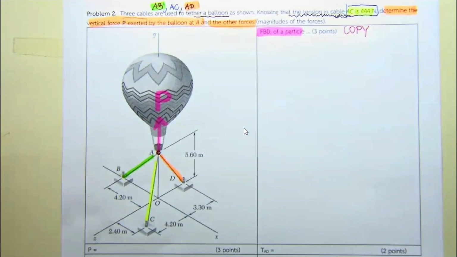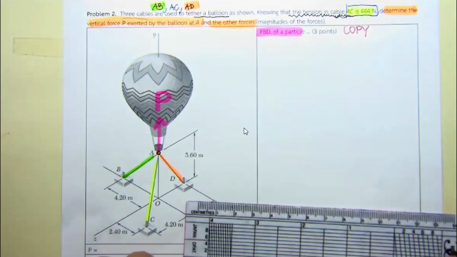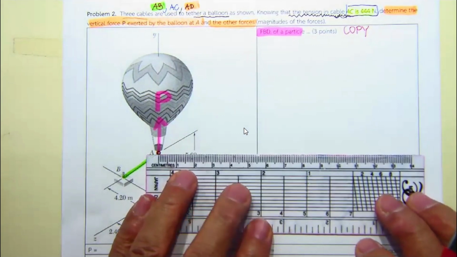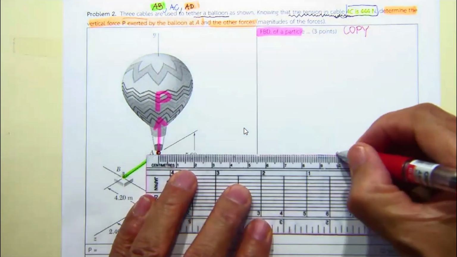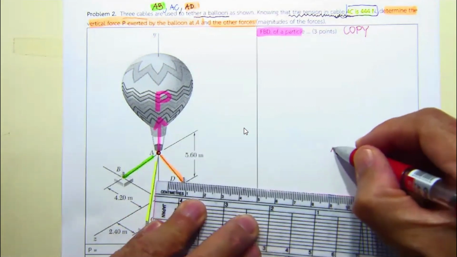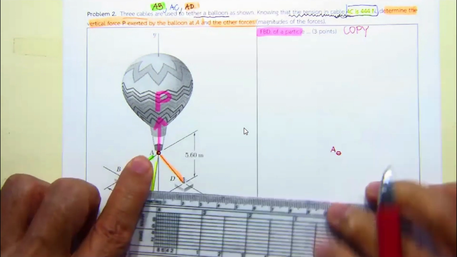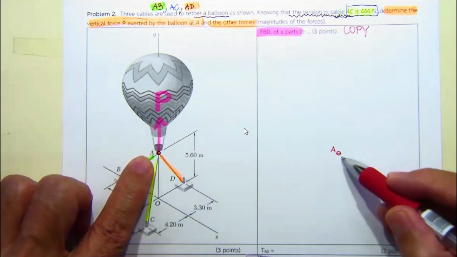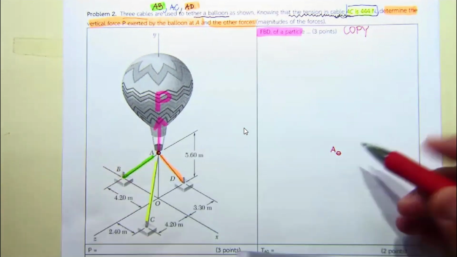Just take the ruler, and if you put it 10 centimeters, it's going to be about here. Even the letters, put them in the same position. Please put it in the same position, close to the child.